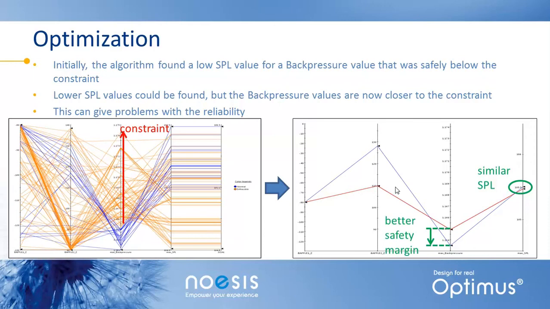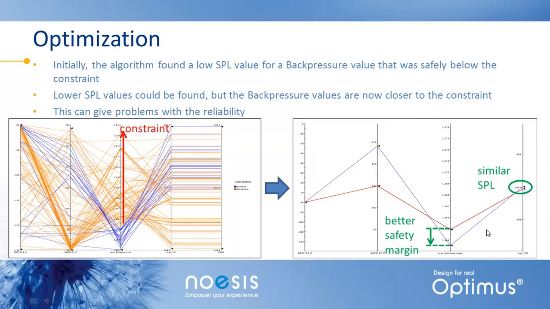If we look here at the parallel coordinates plot, we can in fact find two optimal solutions that have similar results for the sound pressure level, but one has a higher safety margin with respect to the constraint.